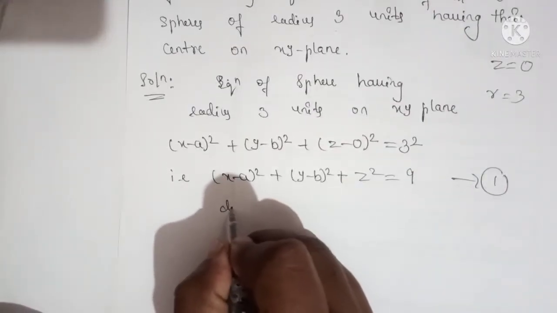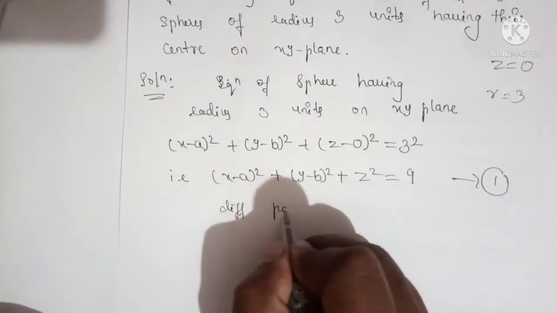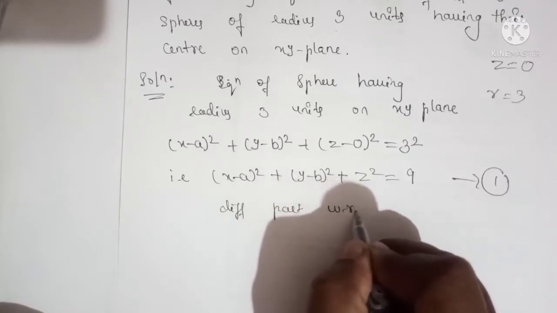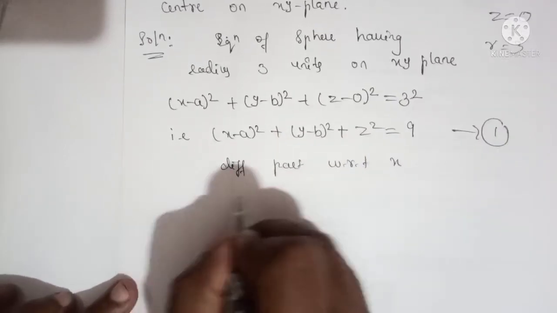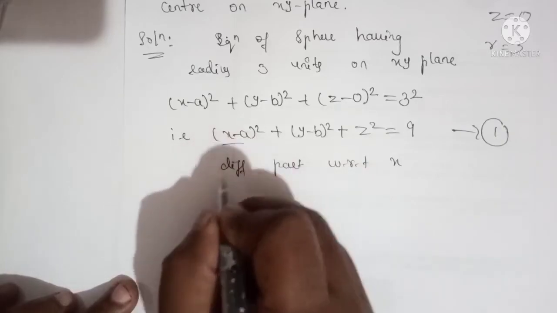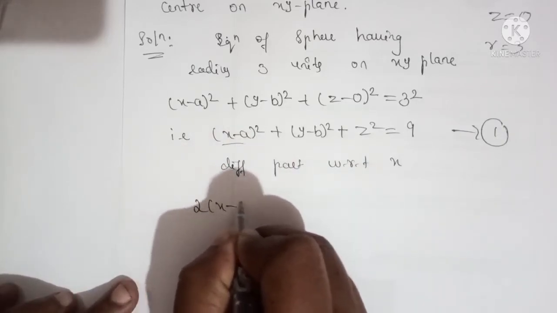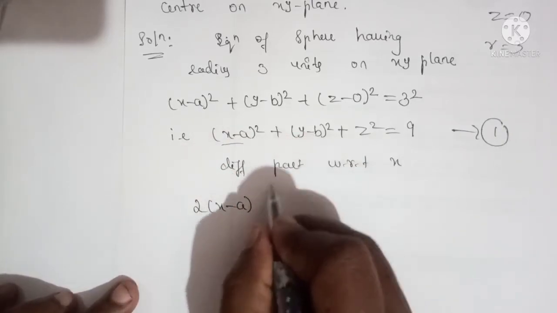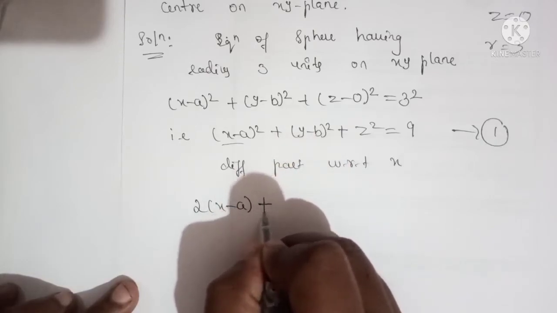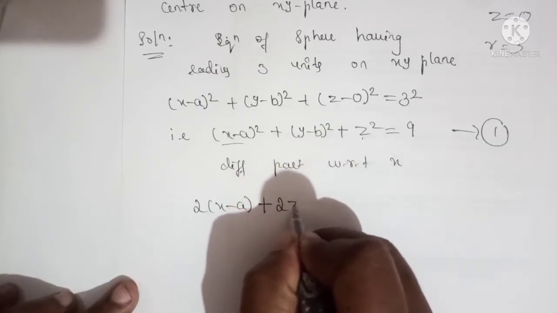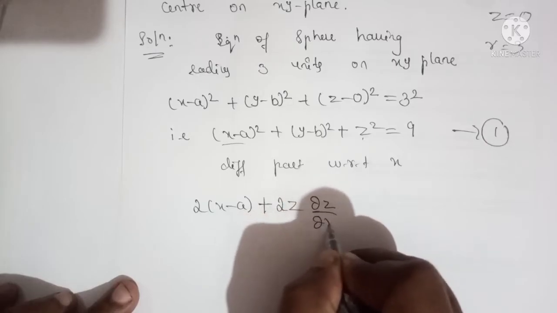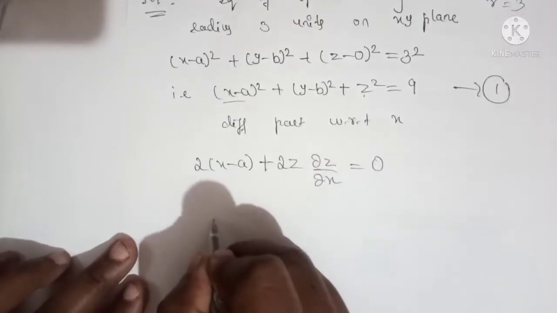Now differentiate partially with respect to x. On differentiating partially with respect to x, we get 2(x minus a) plus (y minus b) whole square differentiation is 0, plus z square differentiation is 2z dou z by dou x, equals 0.